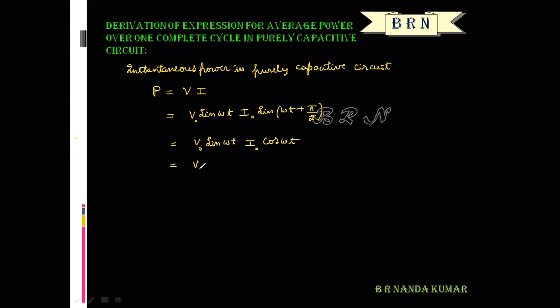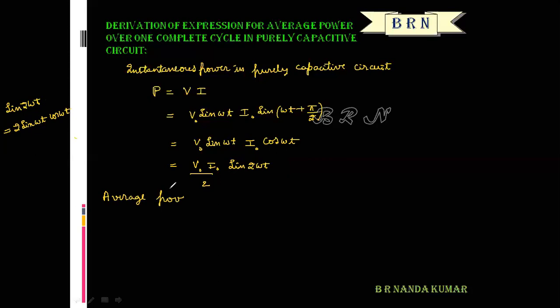So V naught I naught divided by 2 times sine omega t cos omega t, that is sine 2 omega t. Sine 2 omega t is 2 sine omega t cos omega t, so sine omega t cos omega t is sine 2 omega t divided by 2. So actually we have to find the average power.